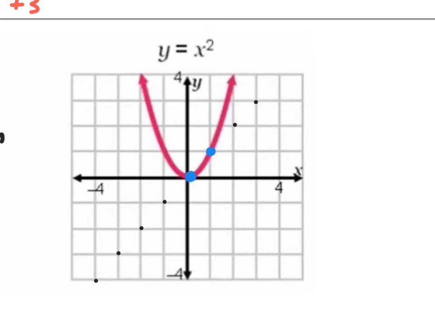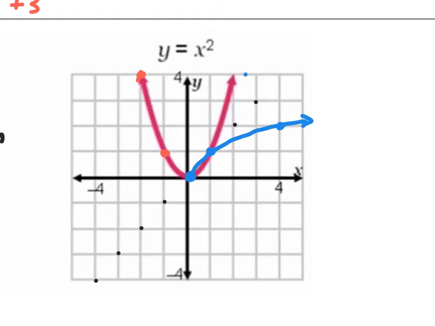But then I'm going to have the point (2, 4) on the graph. So that means on my inverse I'm going to have the point (4, 2). And so I have something that looks like this. And then if I do the same thing, I have this point over here, (-1, 1), and let me do that in red, (-1, 1), and then (-2, 4).